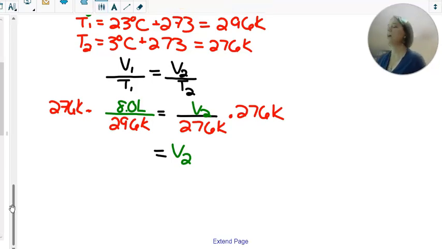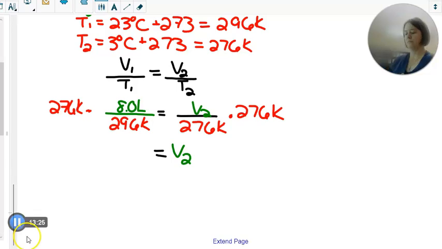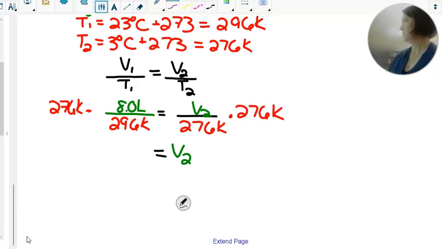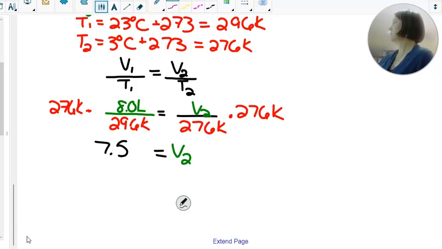So unless you can do that in your head, you want to grab out your calculator. Okay, I'm going to take 8 and divide it by 296. I'm going to times that by 276, and I get 7.459. So 2 sig figs, I get 7.5. And then it's volume, so it will be liters.